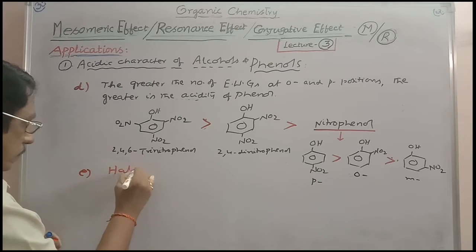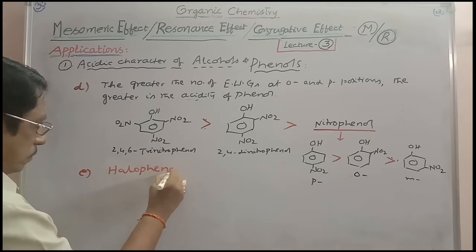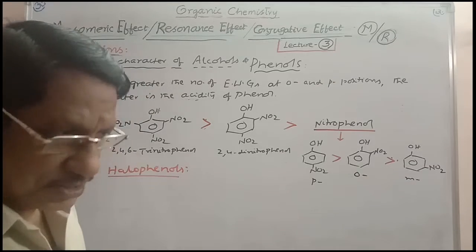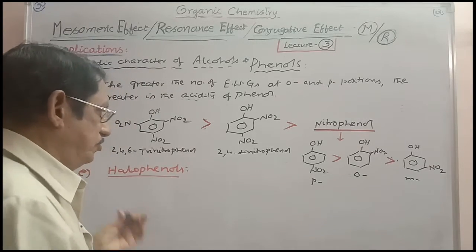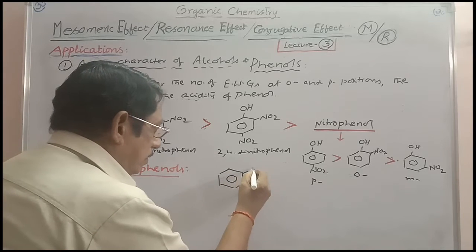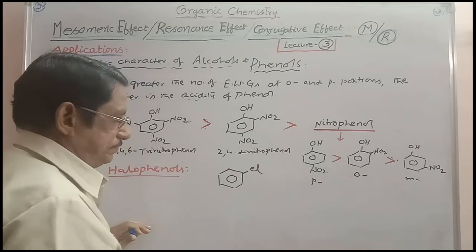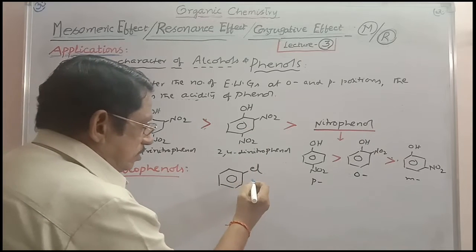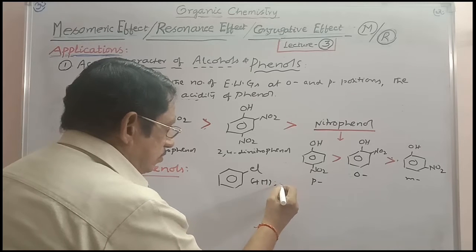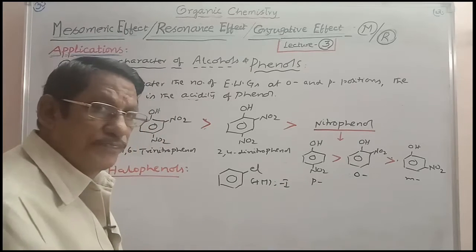Next, we will take halophenols. We will consider halophenols. This is once again a special case. Whenever a halo group is present like Cl, it will have plus mesomeric effect as well as minus inductive effect.